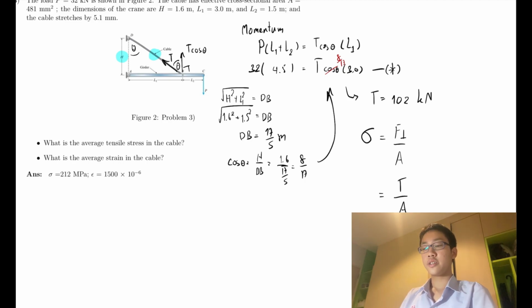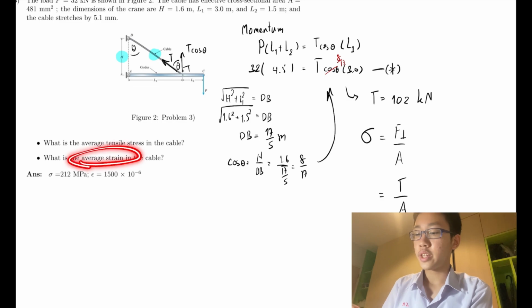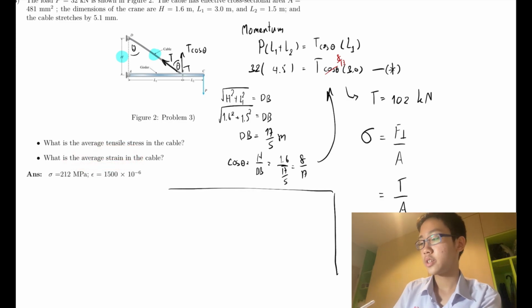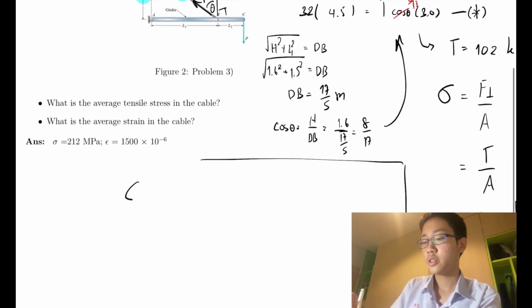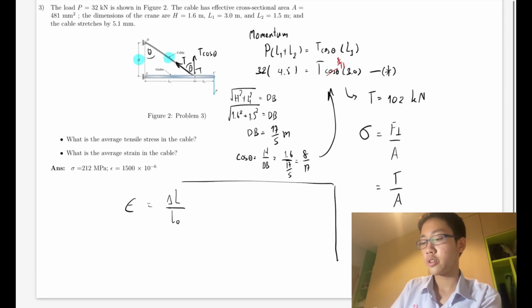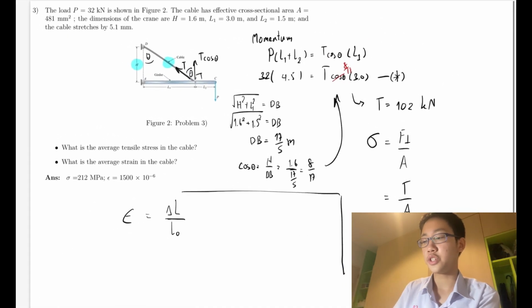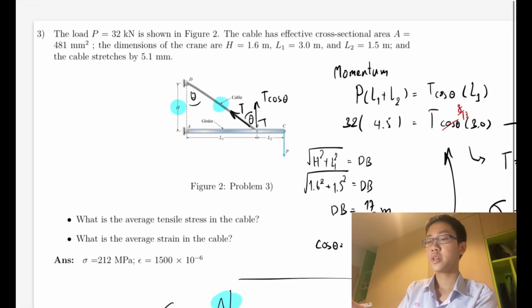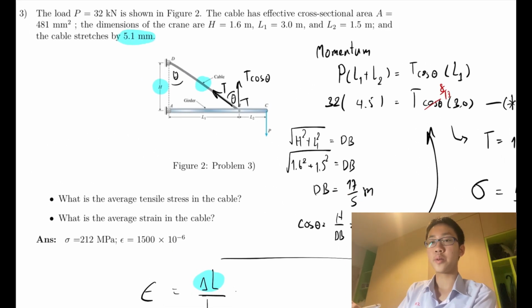After that, the second question is, what is the average strain? We can find average strain by the formula: average strain equals delta length divided by initial length, L0. The delta L is given, which is 5.1 millimeters.